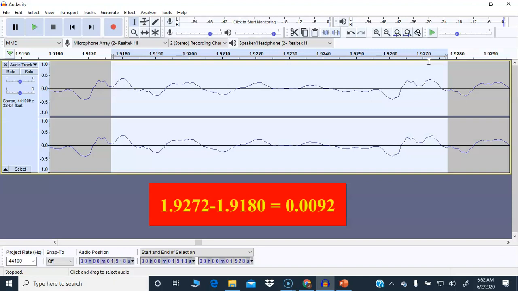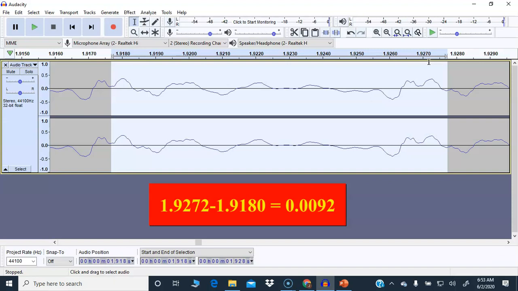So we're going to do a little analysis with that. We are going to subtract the lower number from the higher number to figure out what that period is for the wave. So 1.9272, that's the higher number, minus the lower number, which is 1.9180, and that gives us 0.0092.